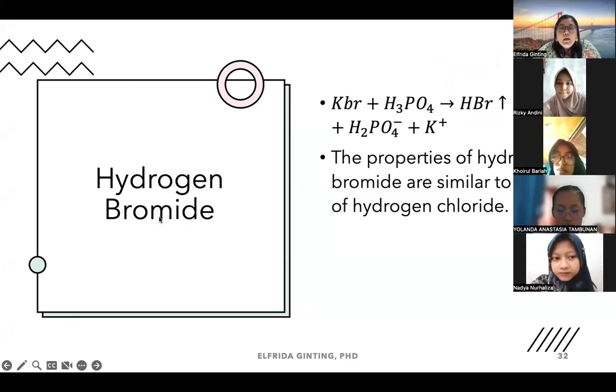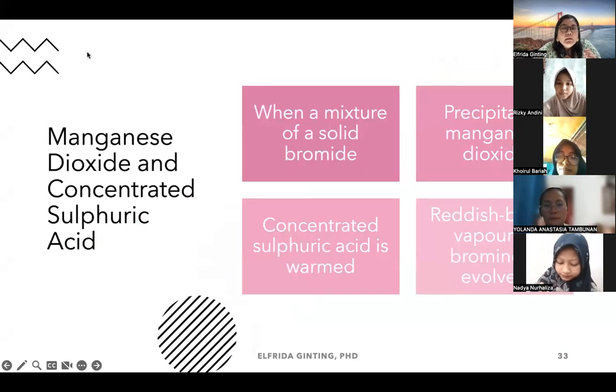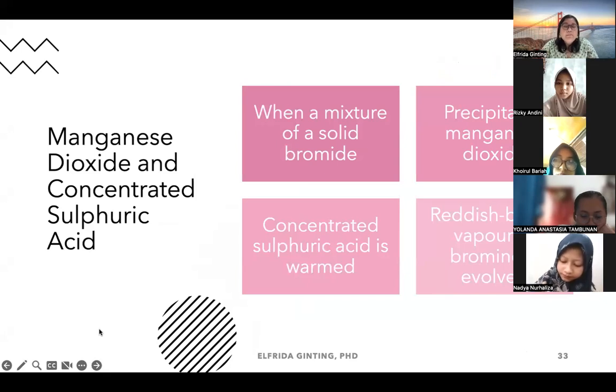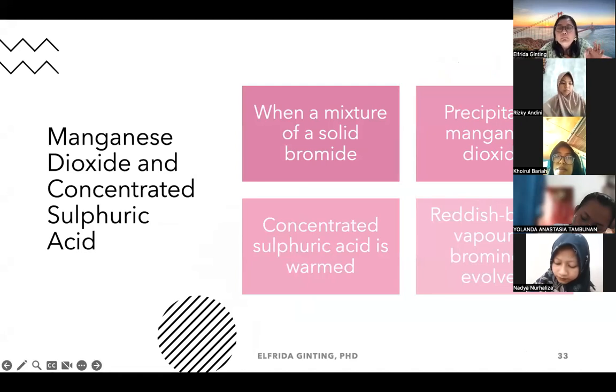Okay. Now, the second reagent that we will be using is manganese dioxide and concentrated sulfuric acid. We mix the solid form of bromide with manganese dioxide.